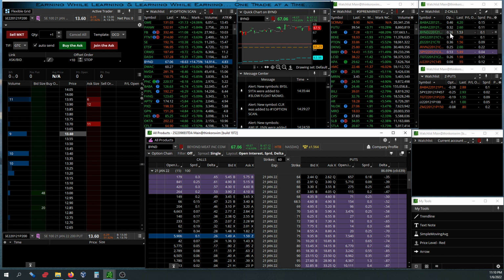We see what the delta is on that. So this here is just a quick glance. So I can look up here. I can see what the delta is. I can see what the last is. If I do get in the trade, I can see what my open P&L is. And then I can see what the spread is.